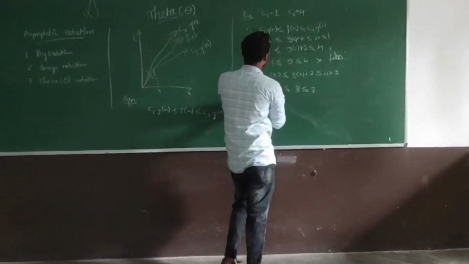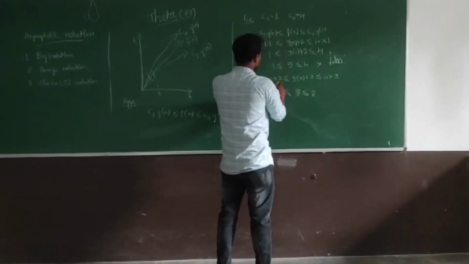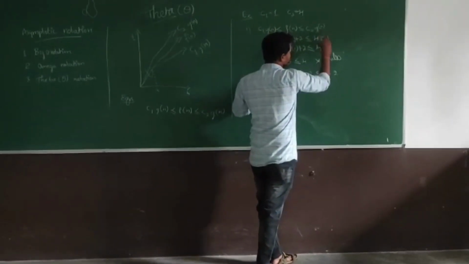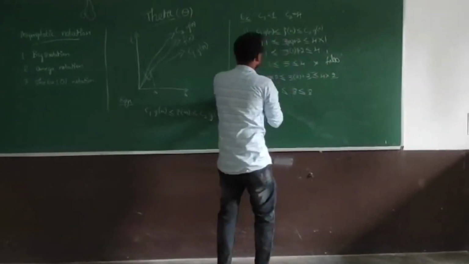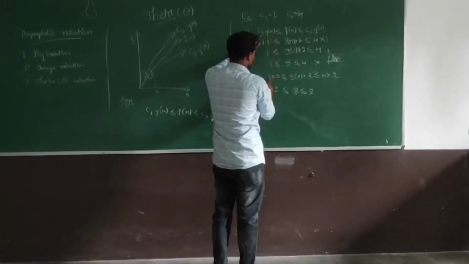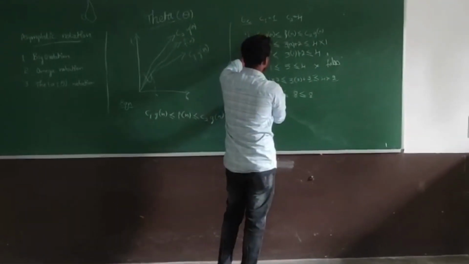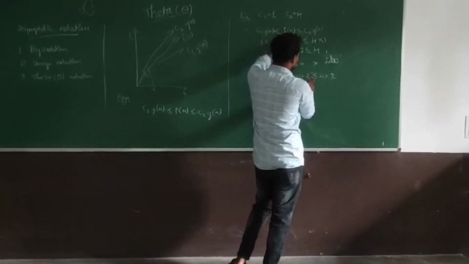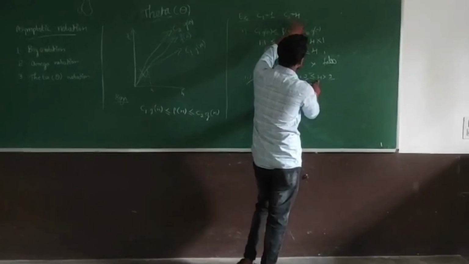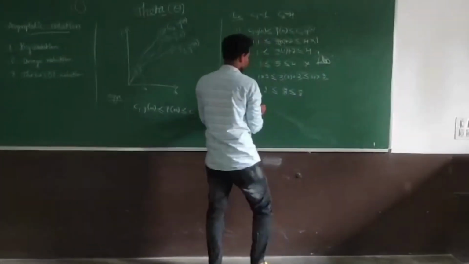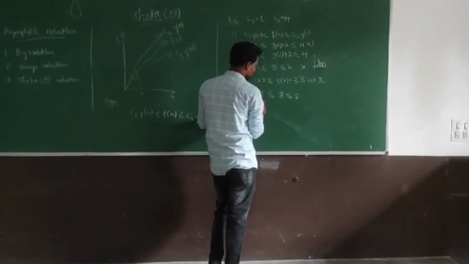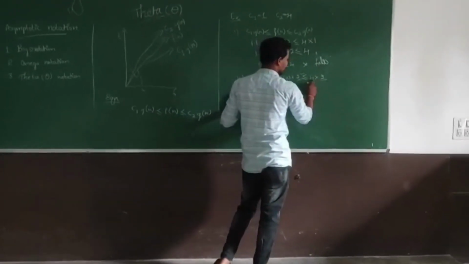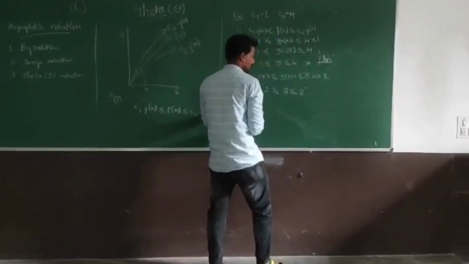Let's go to the second example. Let n be equal to 2. C1 is 1, so 1 into 2 is 2, then 3 into 2 is 6 plus 2 is 8, and C2 is 4, so 4 into 2 is 8.